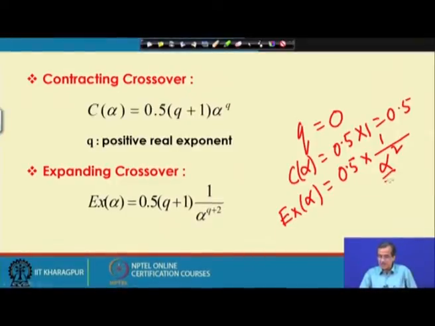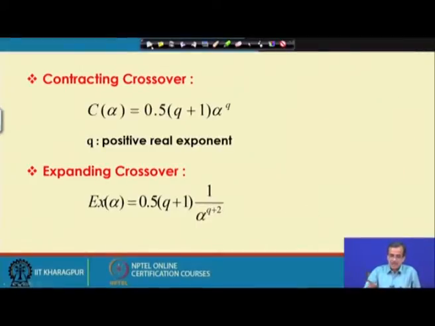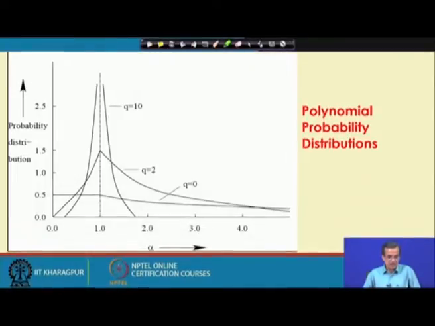Now, as alpha increases, the value of E x alpha will go on decreasing. Now, let us see what happens to the distribution function. Let me go back to this particular distribution, corresponding to q equal to 0.